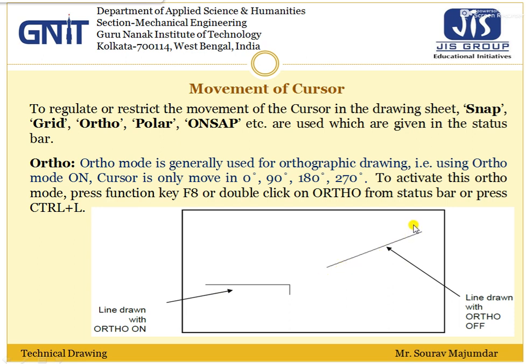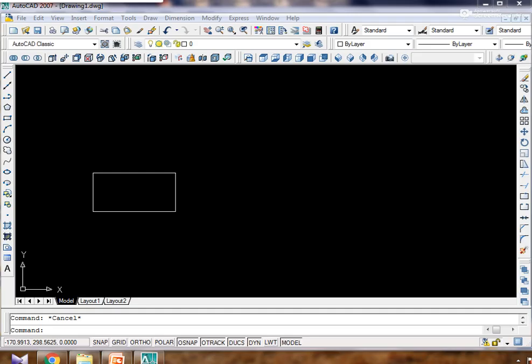Okay, so let's come to the AutoCAD screen, and let's see how to draw a line using ortho mode on or off. So this is our AutoCAD screen, and this is the ortho mode in the status bar. Now it is in off position.